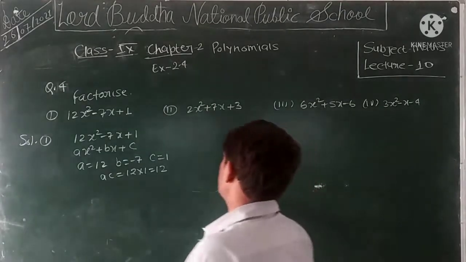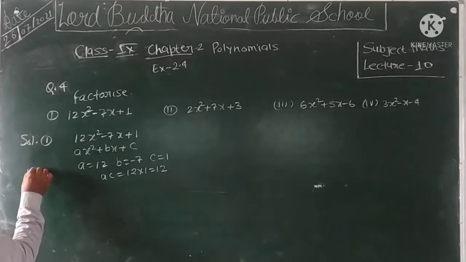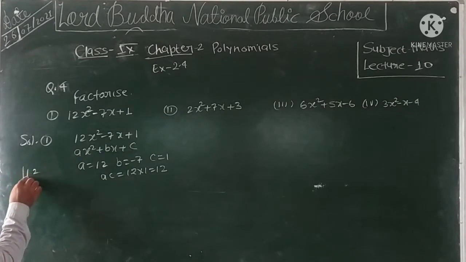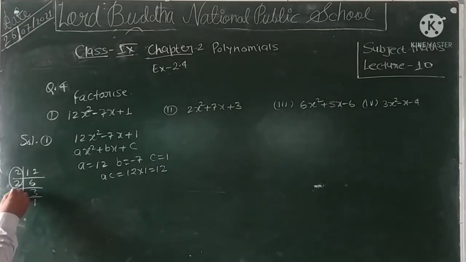Now, we factorize 12. We see that 2 6 are 12, 2 3 are 6, and 3 1 are 3. If we group, 2 2 are 4, and 3, are 12, means 4 plus 3 equal to 7.